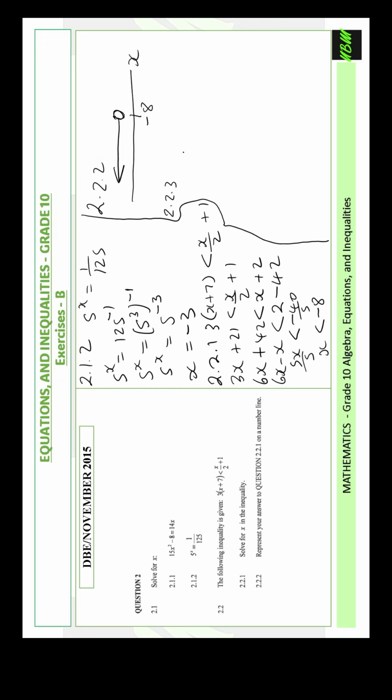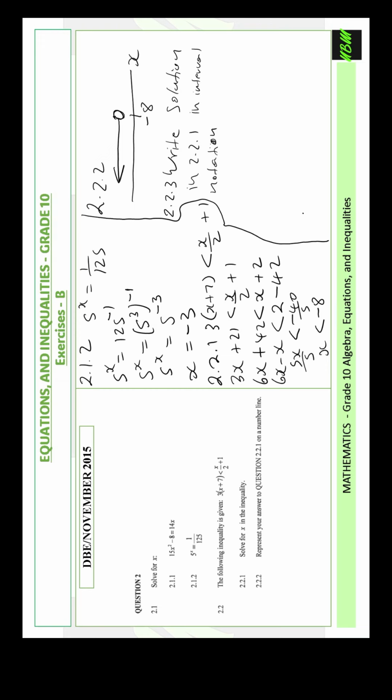Now, let us add question 2.2.3. In question 2.2.3, they said: write our solution in 2.2.1 in interval notation. Now, what is the interval notation?